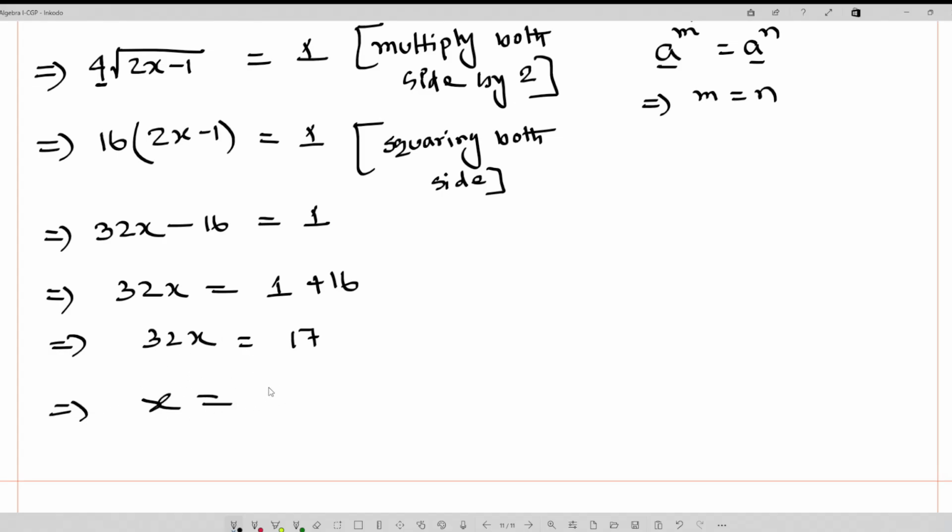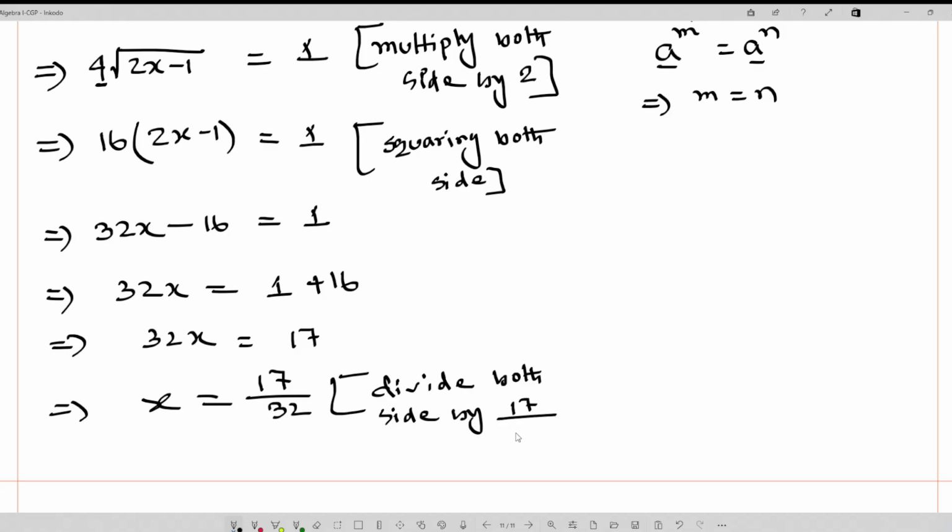So x equals to 17 by 32. Okay, and this is our answer.